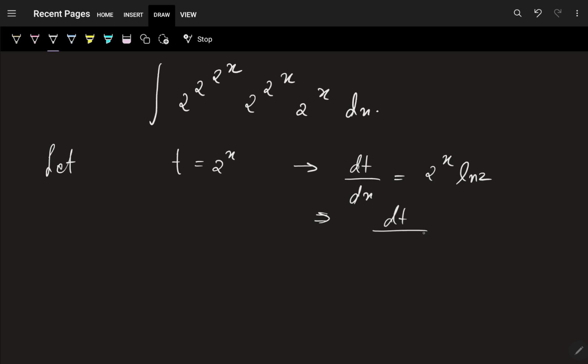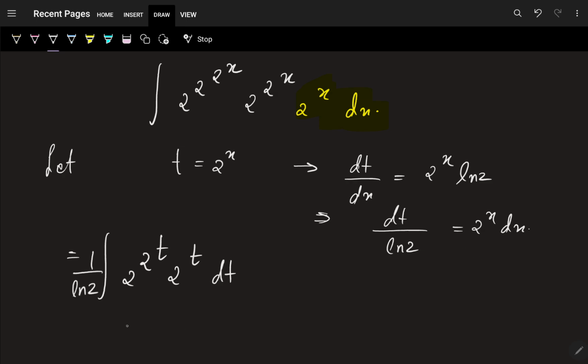So dt upon ln 2 is 2 to the x dx. This 2 to the power x dx is dt upon ln 2, and this is 2 to the power t, again 2 to the power t, and everything else is dt upon ln 2. So we take the ln 2 out of the way.